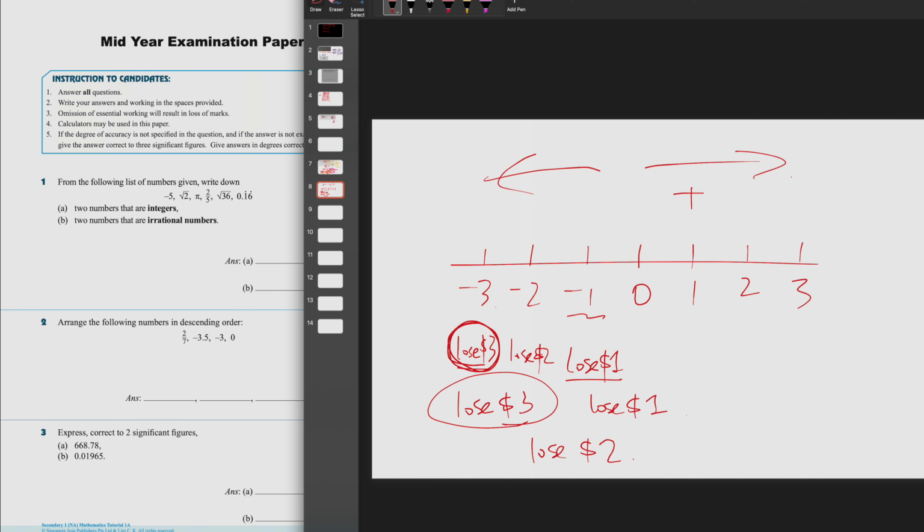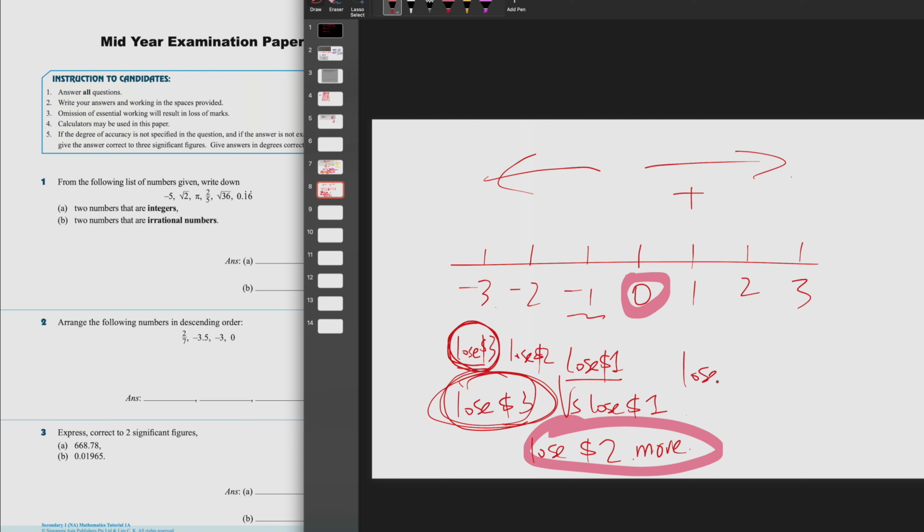Let's imagine you start with 0, and you lose $2 more. So losing $3 versus losing $1, you lose $2 more. Therefore losing $3 is actually less than losing $1. So therefore -3 is less than -1.